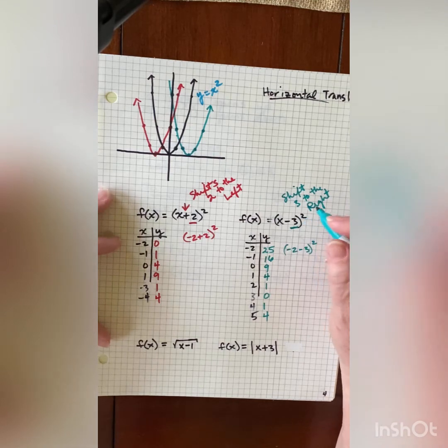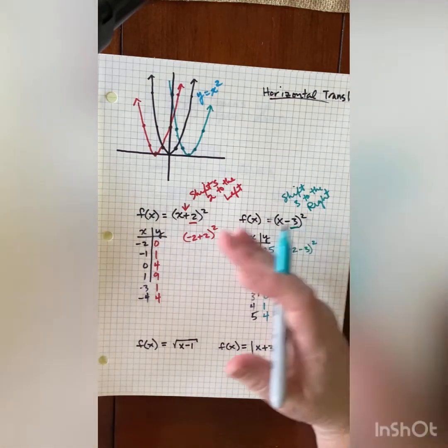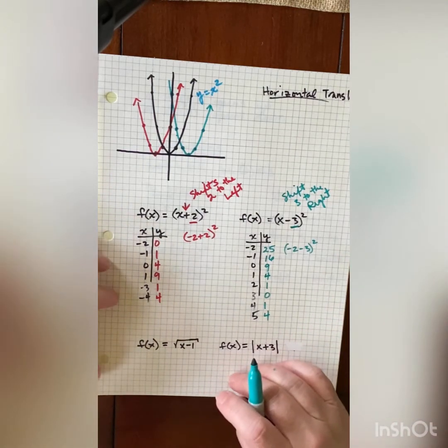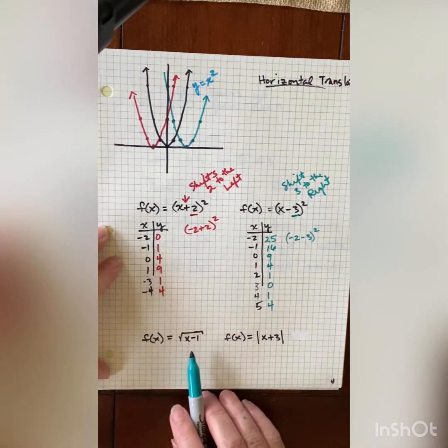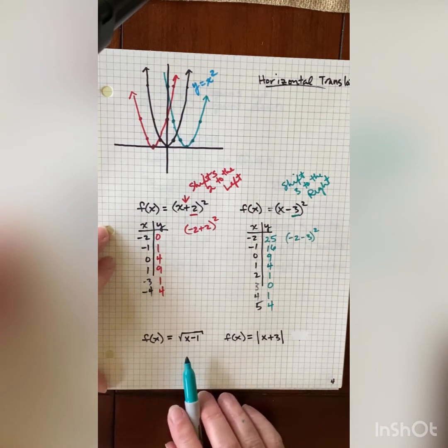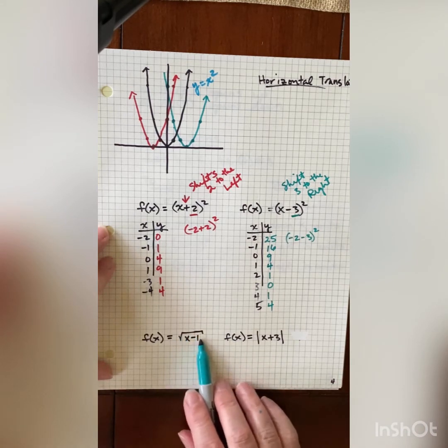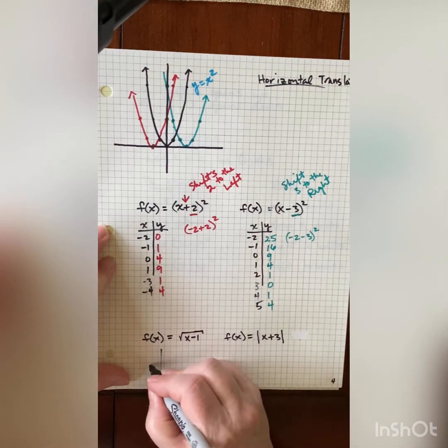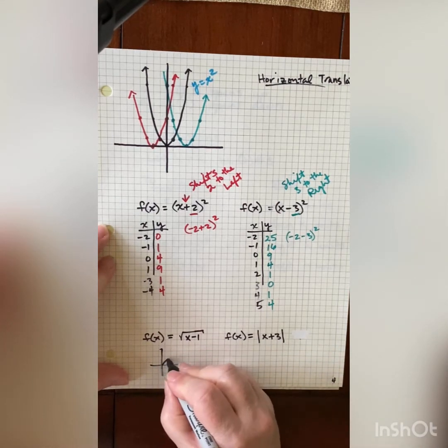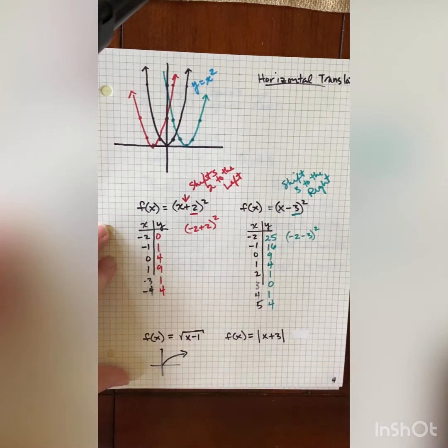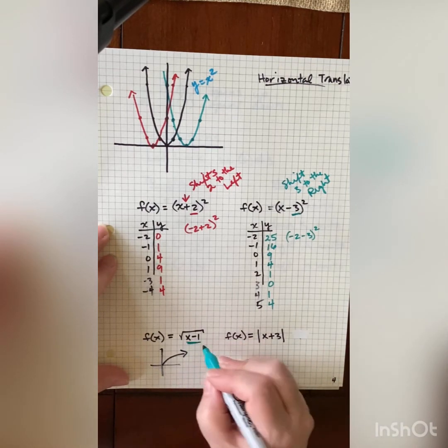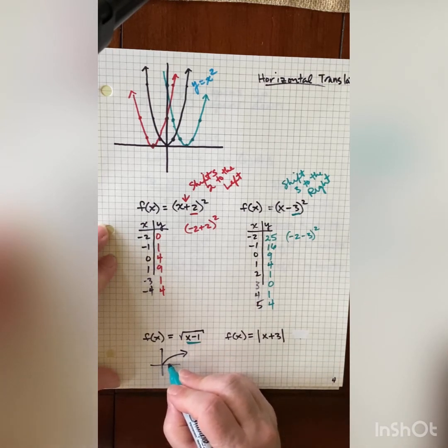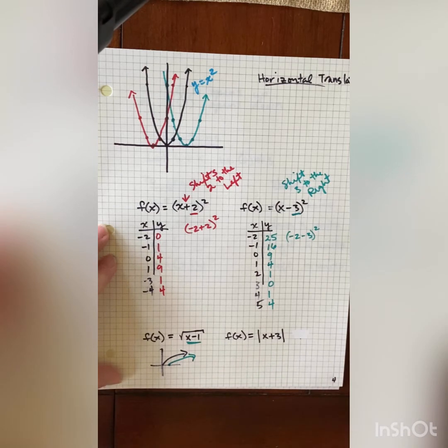So when it is inside the parentheses and you're being controlled basically by that exponent out there, that's where it is going to be going left and right and the opposite of what you want it to do. Okay, so this works the exact same way for these guys here as well. If it is underneath the radical, okay, so let's have our standard right here. Our standard would be like this. So I'll do this one here. This one would shift 1 to the right and go like that.